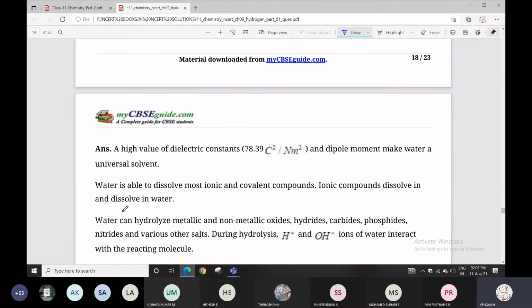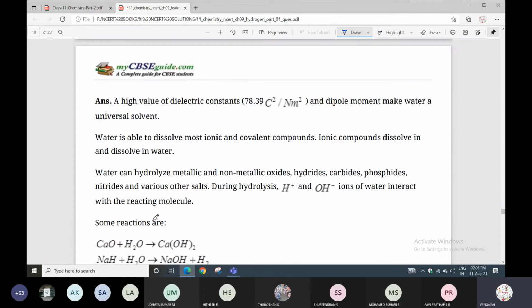Water is able to dissolve most ionic and covalent compounds. Water can hydrolyze metallic and non-metallic oxides, hydrates, carbides, phosphates, nitrates, and various other salts also.